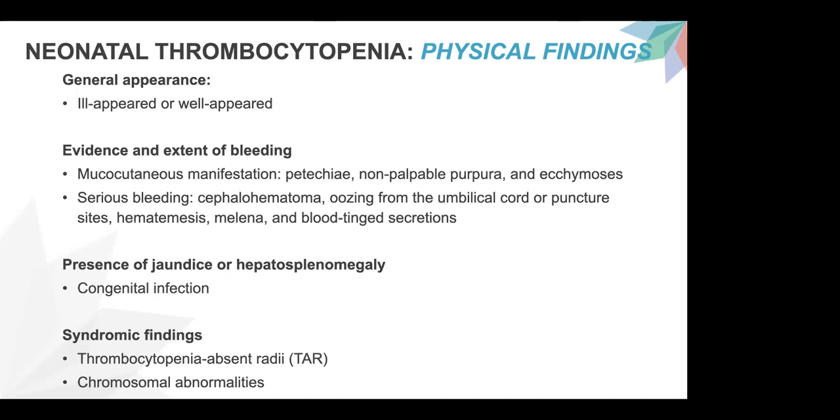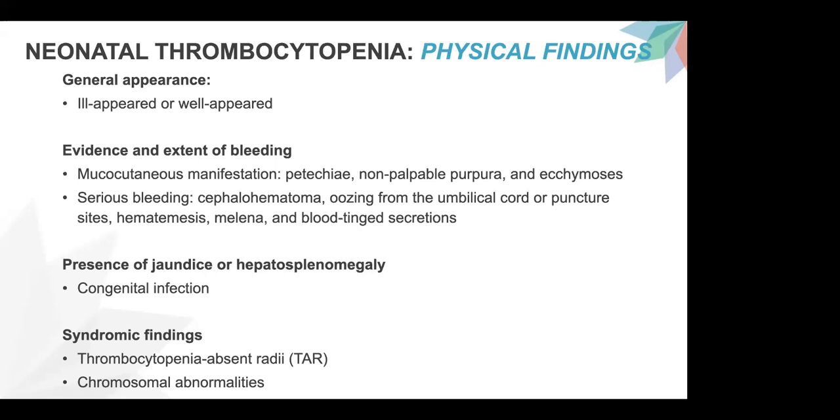So a child with neonatal thrombocytopenia can present with mucocutaneous bleeding like petechiae, non-palpable purpura, and ecchymosis. Severe thrombocytopenia can lead to serious bleeding like intracranial hemorrhage and oozing blood from the umbilical cord, puncture site, hematemesis, melena, and also bloody secretions.